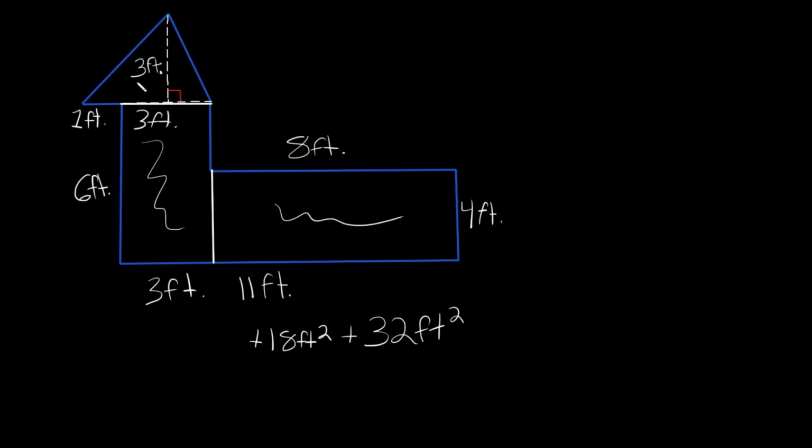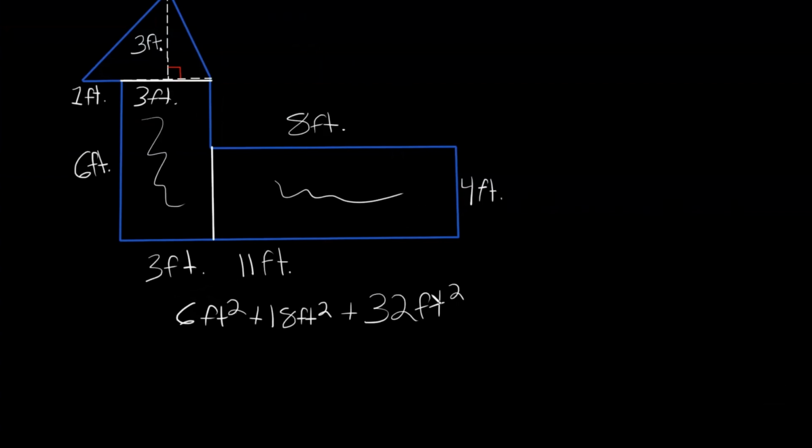And then we multiply that by 1/2, and we will get 6 feet squared. And now all we need to do is sum these up. So 18 plus 32 is 50 feet squared plus 6 feet squared, and then this is simply 56 square feet.